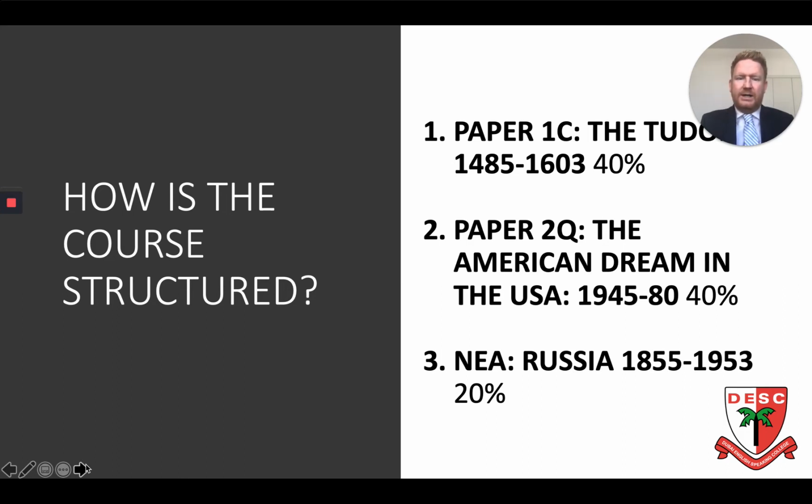And finally, the NEA, otherwise known as coursework, which is 1855 to 1953, because the exam board stipulates that there should be around 100 years of study. That is worth 20%, and we start that at the end of year 12 and finish just at the start of year 13 to ensure we have time to focus on all of the 1C and 2Q content and skills.